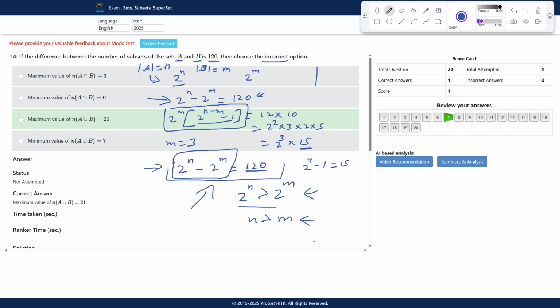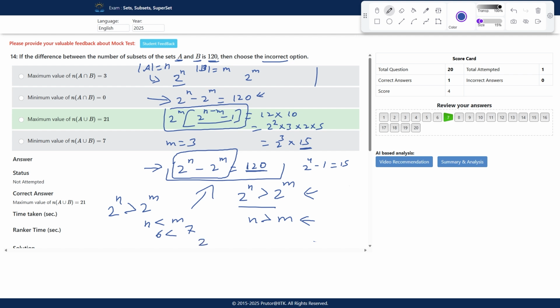Let me clear it again. We have 2 raised to the power n strictly greater than 2 raised to the power m. Very simple. Suppose n is smaller than m. For example, say 6 is smaller than 7.